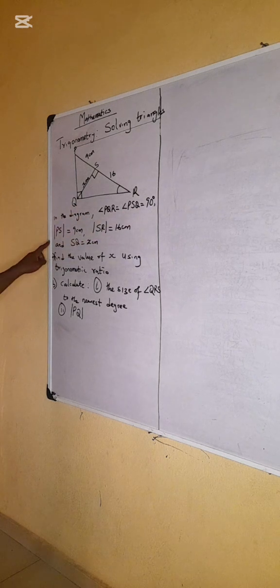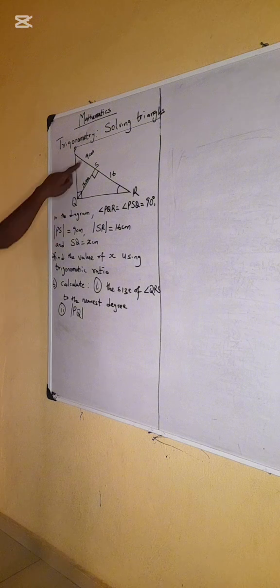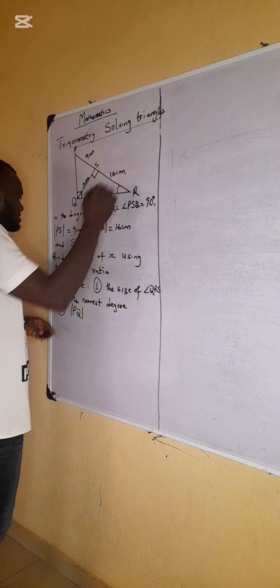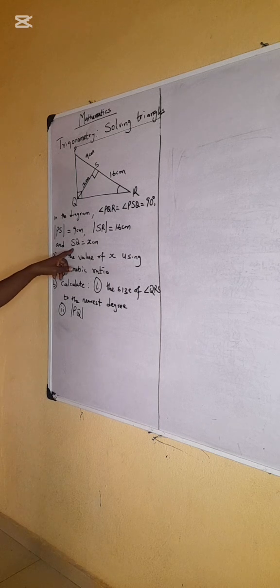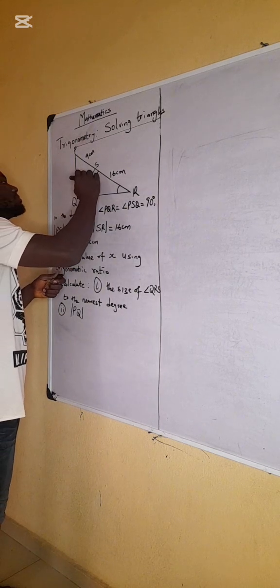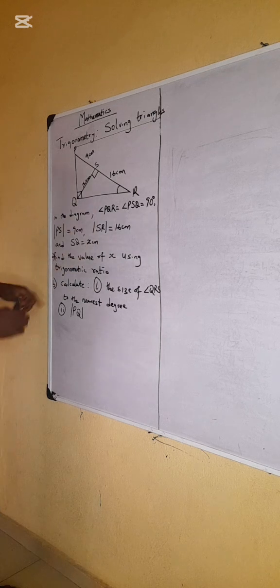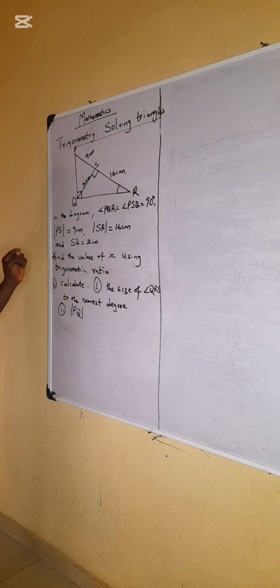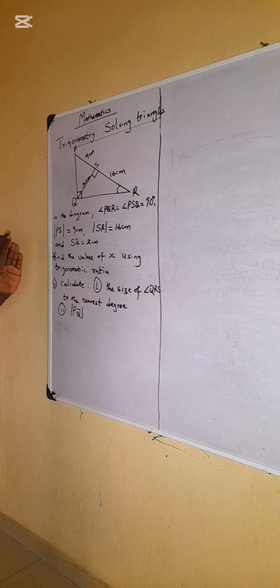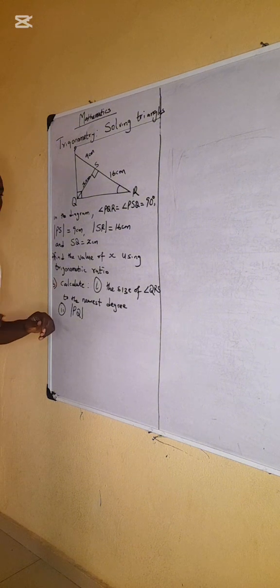Also given is that side PS is 9 cm and side SR is 16 cm, and we have XQ given as X cm. The question says you should find the value of X using trigonometric ratio. You can also solve it using similar triangles, but they want us to use trigonometric ratio.